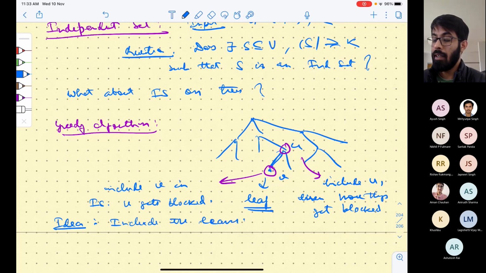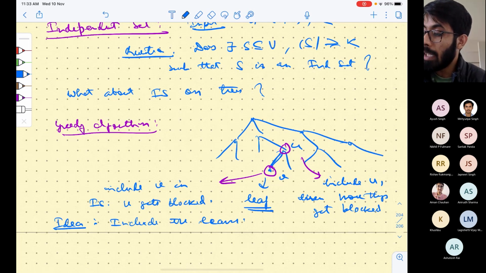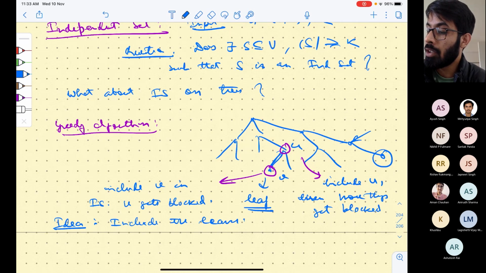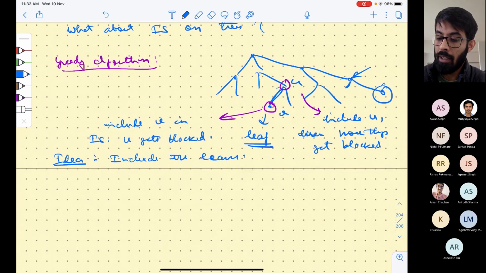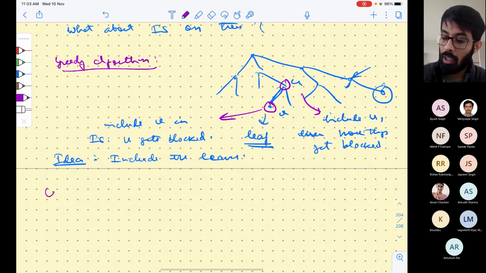Greedily, right? But if you include this leaf, then its neighbor cannot be included, so you need to delete it. It's not that you delete just this vertex and now something else has become a leaf that you can include. You need to delete all their neighbors. But the lemma, which shows this, is actually very simple. And what does the lemma say?